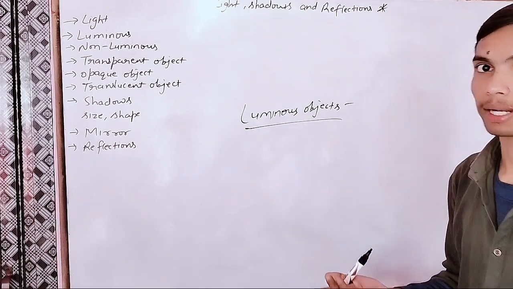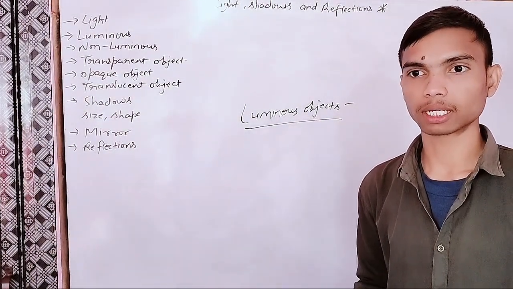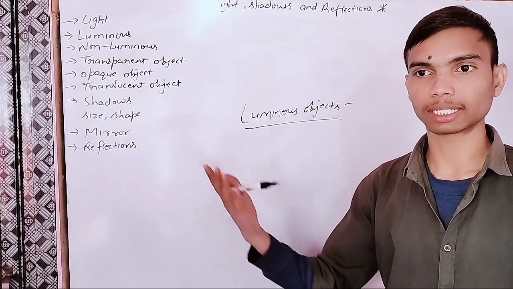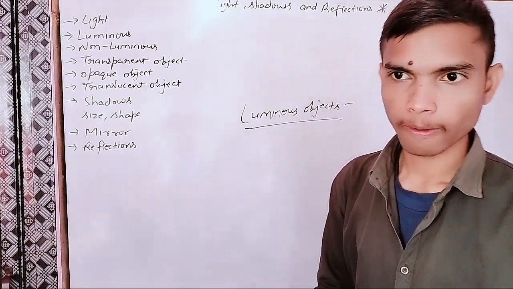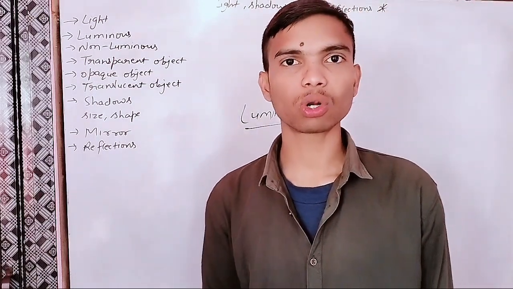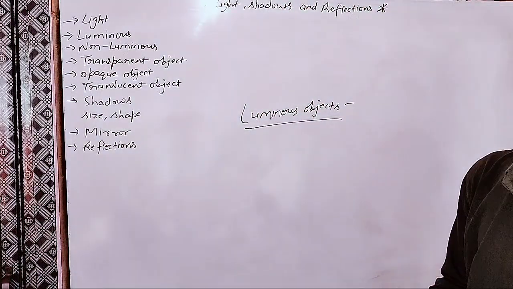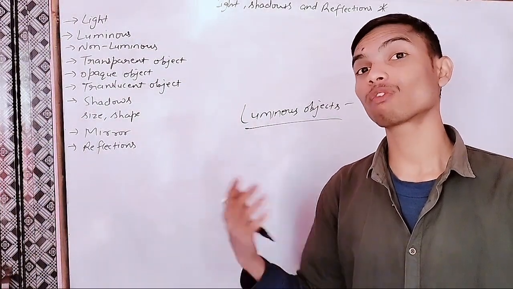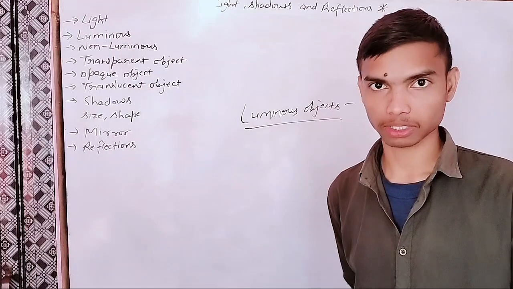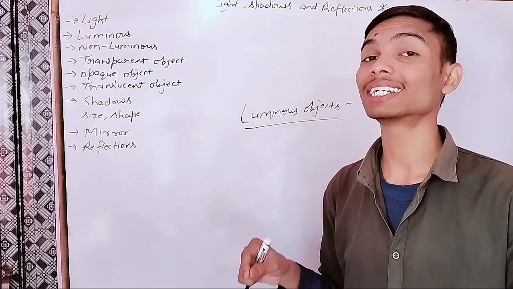For example, sunlight, our bulb, there are different types of bulb. Torch also. These objects have their own light. Again, I am saying we have a lot of objects.